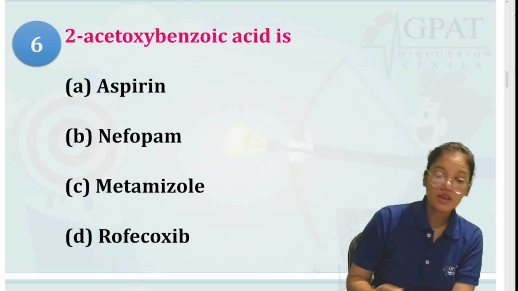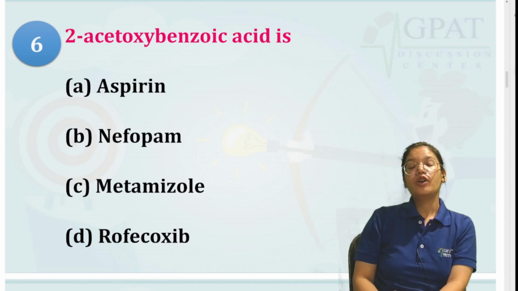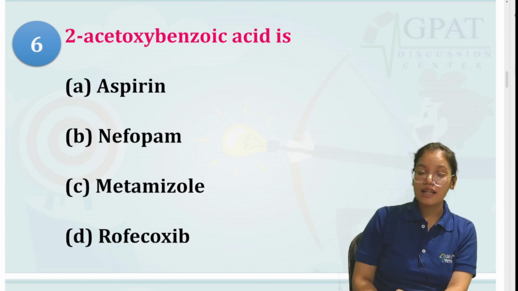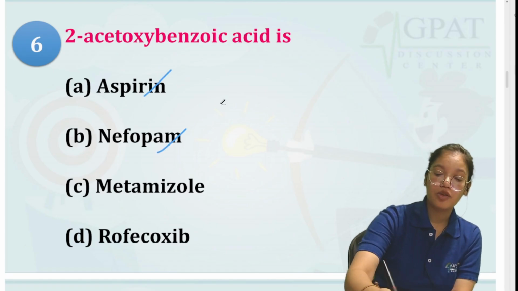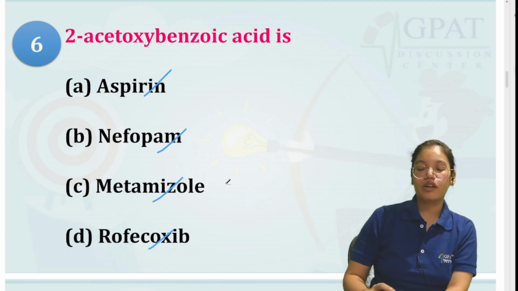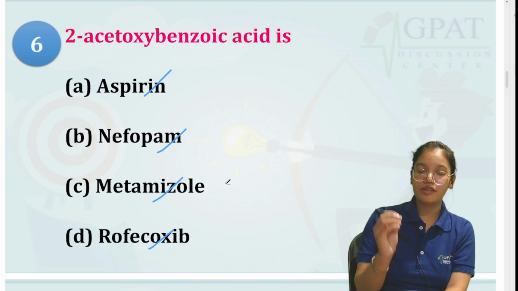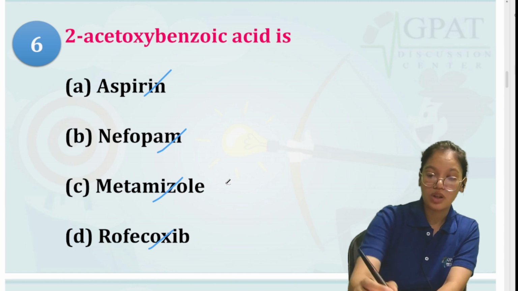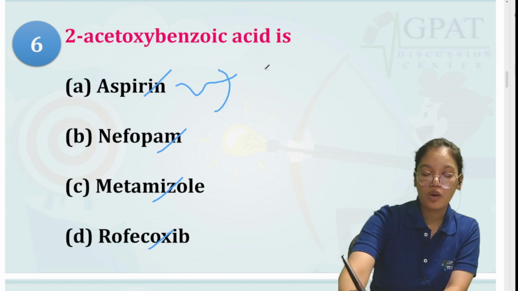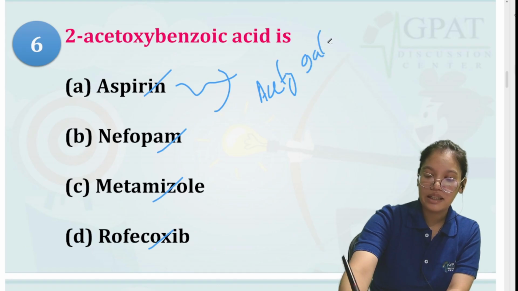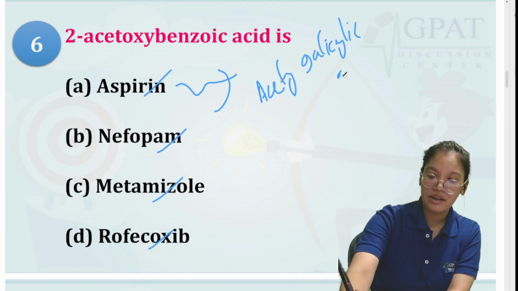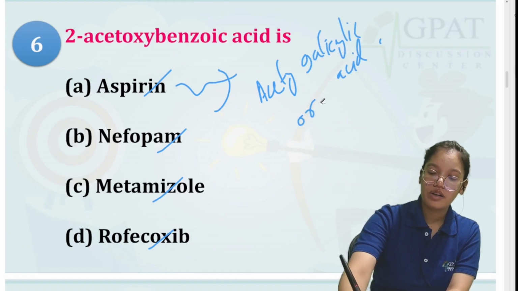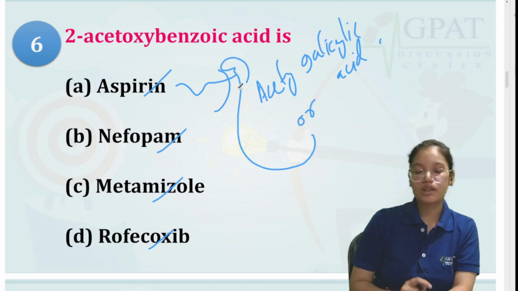Okay. Now the next question we have: 2-acetoxy-benzoic acid is aspirin, nefopam, metamizole, or valdecoxib. Now it is a very simple question, and the drug we have already discussed. Aspirin we can also call acetyl salicylic acid, or we can also say 2-acetoxy-benzoic acid.